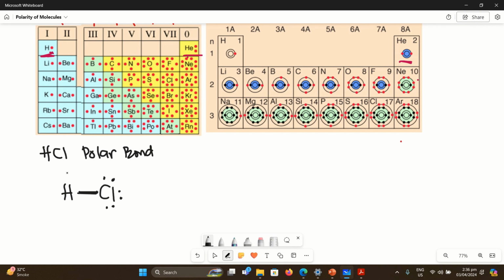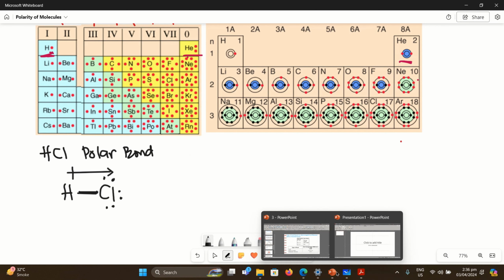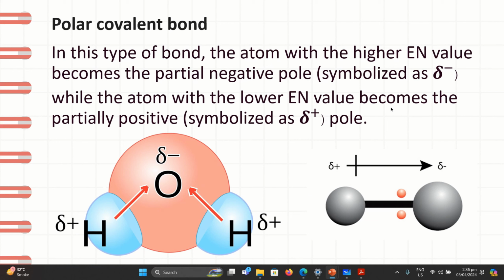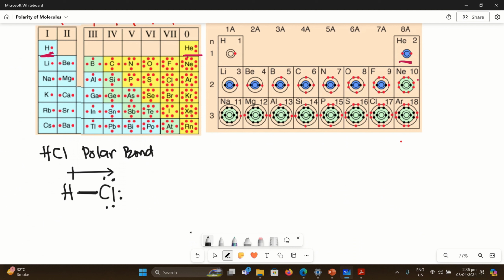So, as you can see, it is more positive than negative. Okay, bakit? If you go back with the definition kanina, the higher electronegativity value is partially negative. So it means higher Cl ng electronegativity, which is 3.0, then compare kay H, which is 2.5.